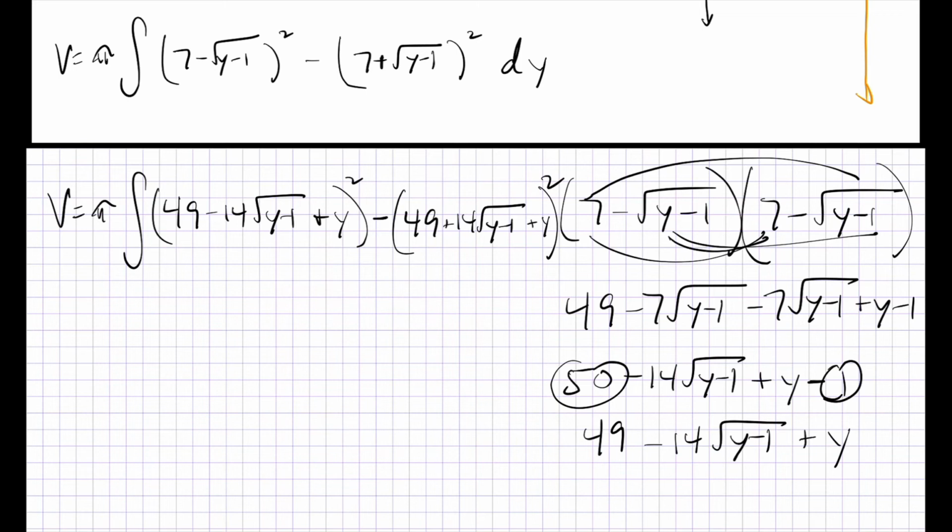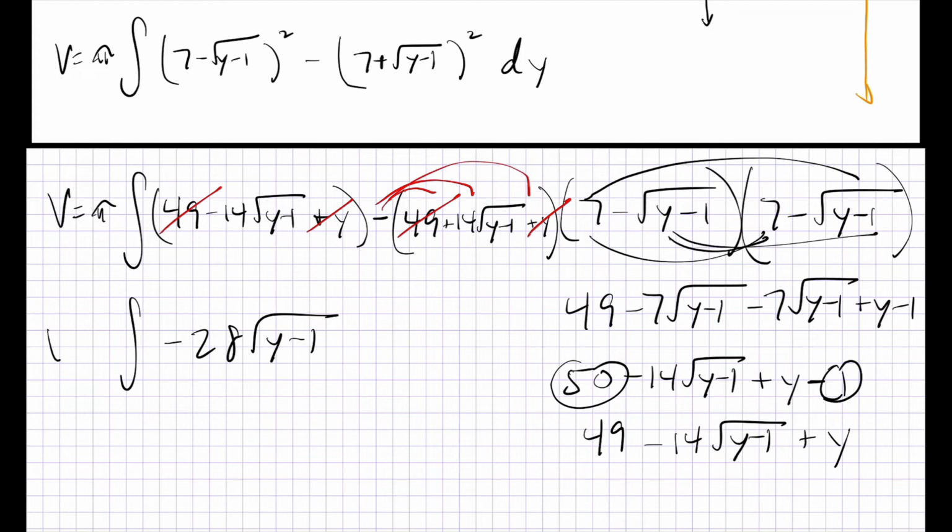Oops, not squared no more. So the 14s would cancel out when I distribute, the y's would also cancel out, but the middle terms would not cancel out. So we'd have negative 28 square root y minus 1 dy.